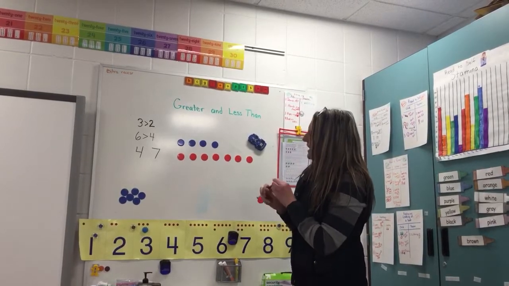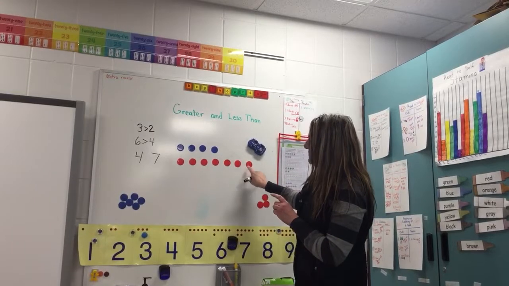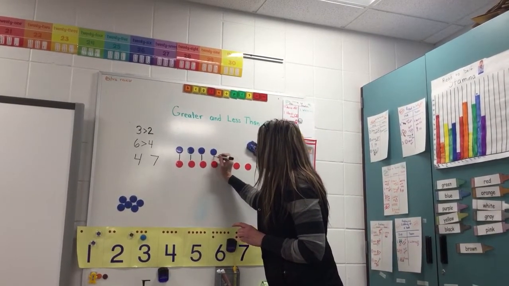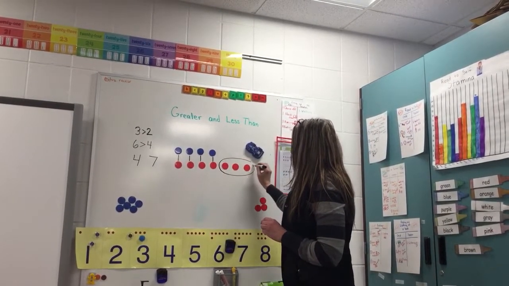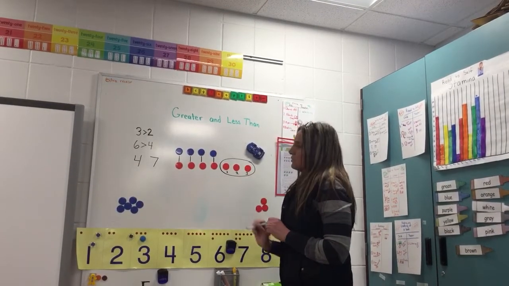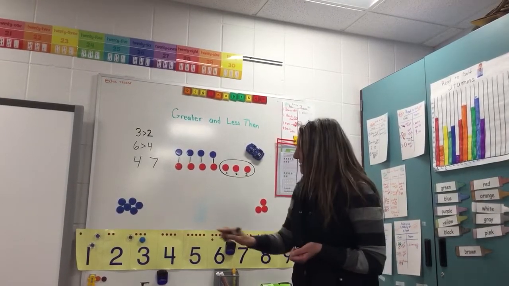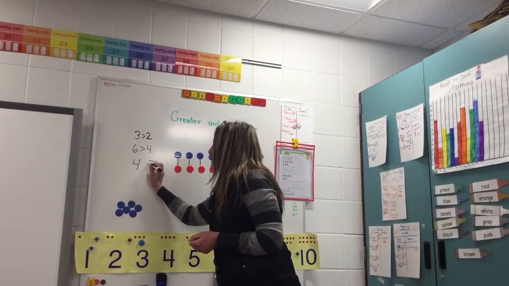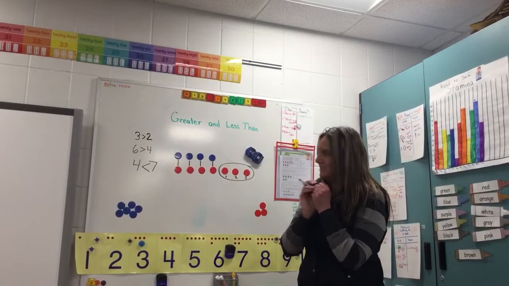That's right. And 1, 2, 3, 4, 5, 6, 7. I match them up. And here's the extras. If I need to, I can circle them. And I can see that I have 3 extras. Which number is greater, 4 or 7? 7 is greater. So that alligator mouth has to go towards the 7.